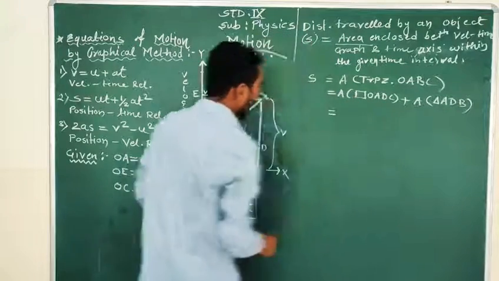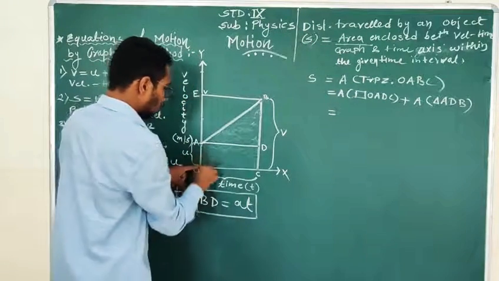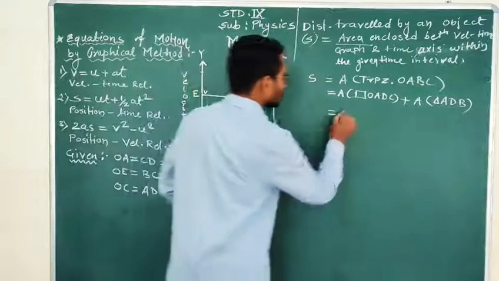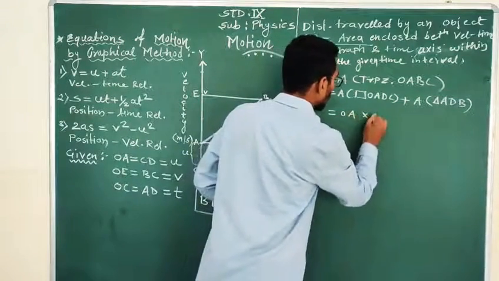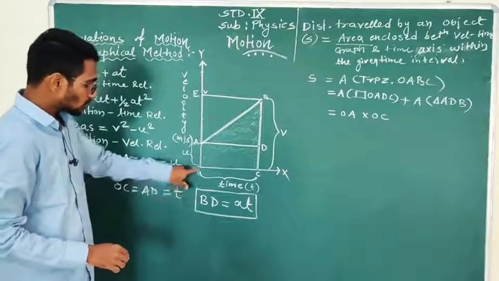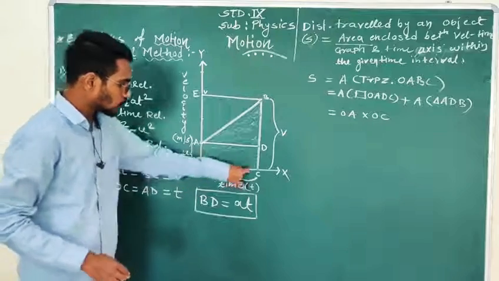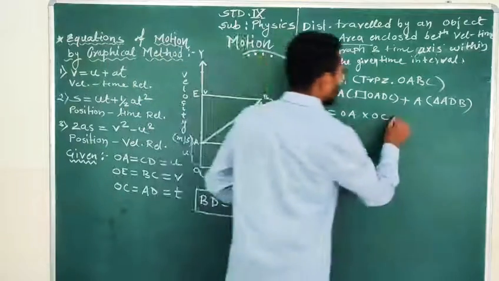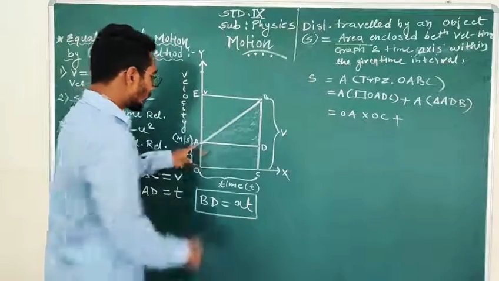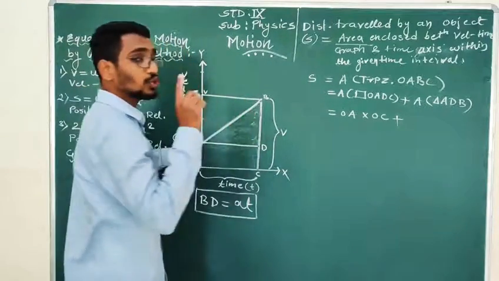See, area of rectangle OADC is length into breadth, yes, OA into OC, plus area of this triangle, half into base into height.